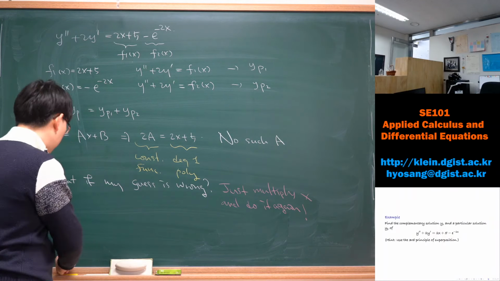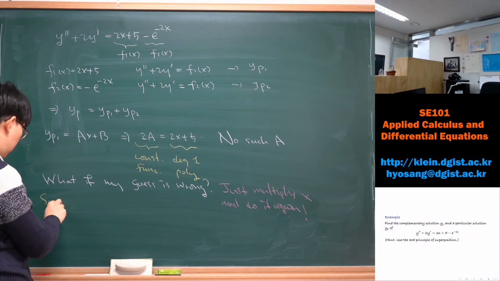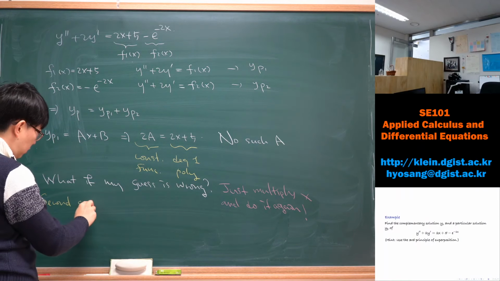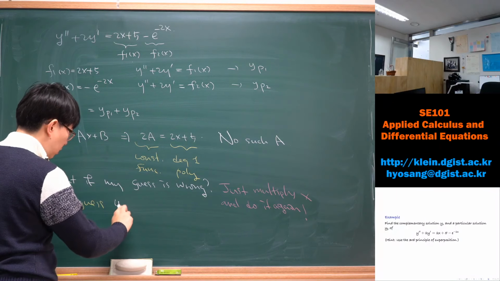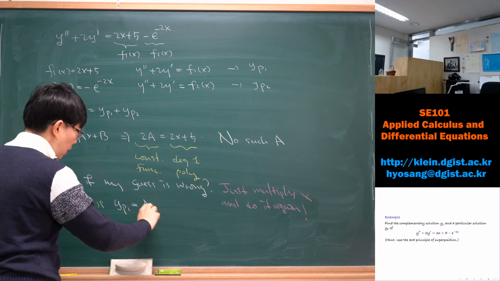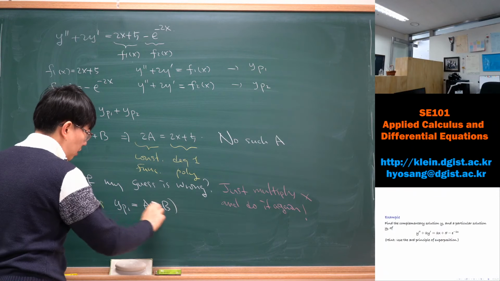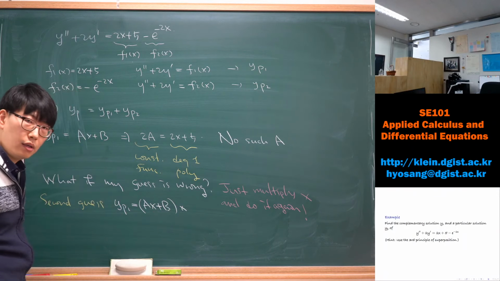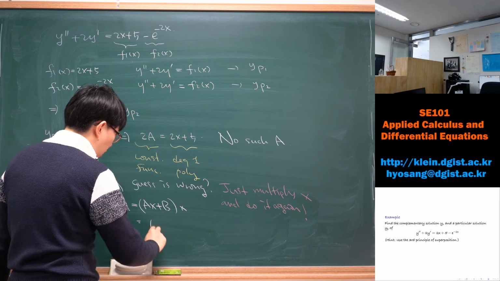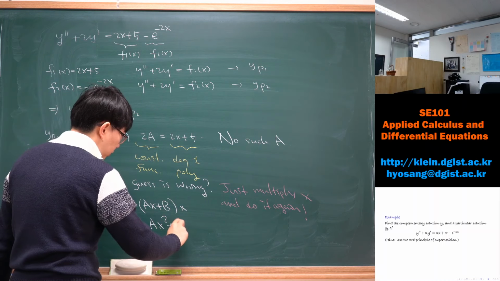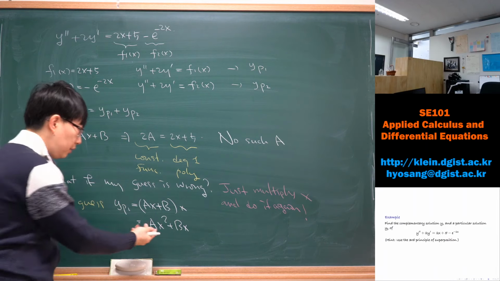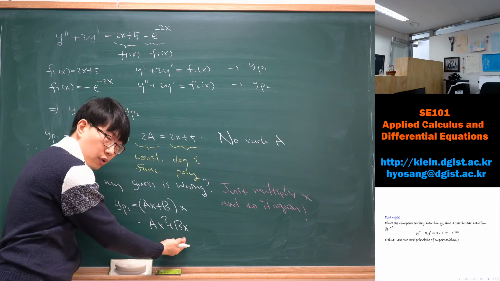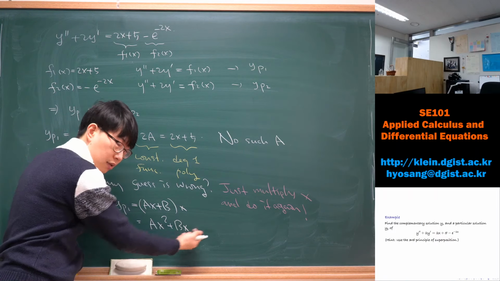So my second guess of yp1 will be (ax plus b) times x, in other words, ax squared plus bx. Now, important thing is, this is not the general form of a quadratic; I don't have plus c.